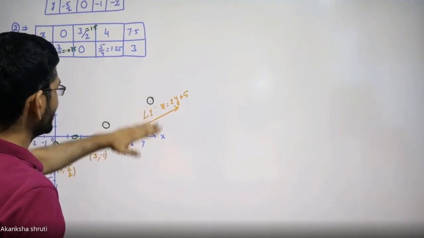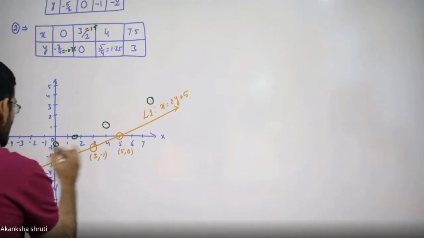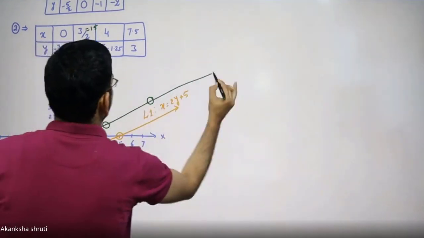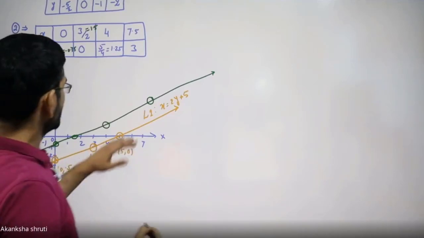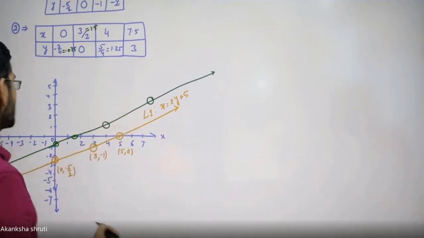It appears these two are parallel. So you need to go and join them. We are observing that these two lines are parallel. We need to extend it backward also. So students, here we are observing that these two lines are parallel.